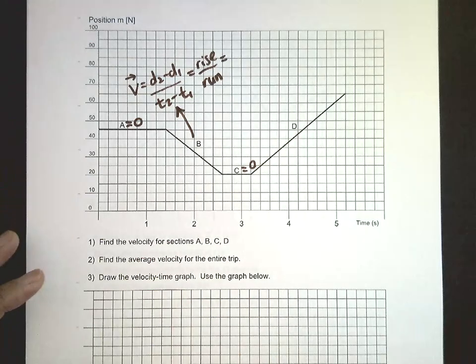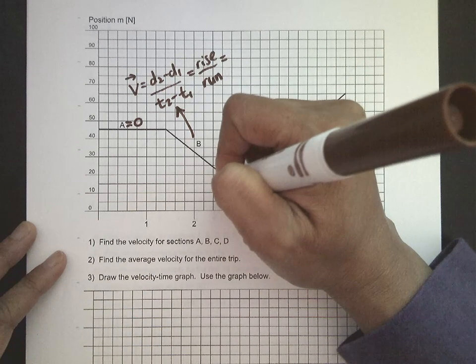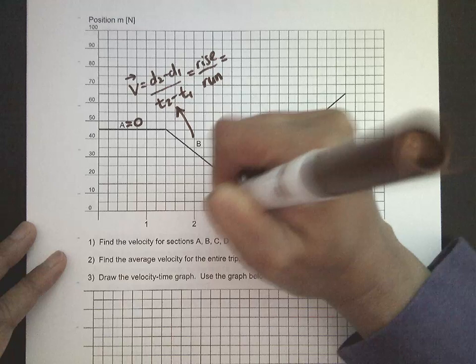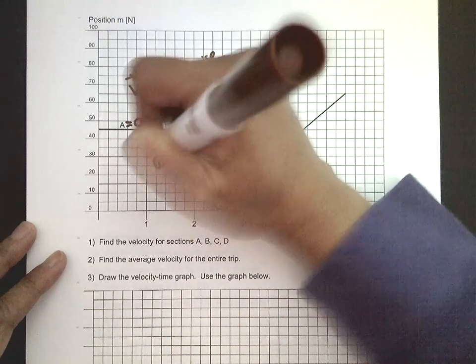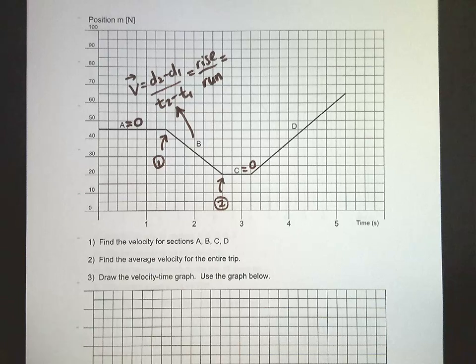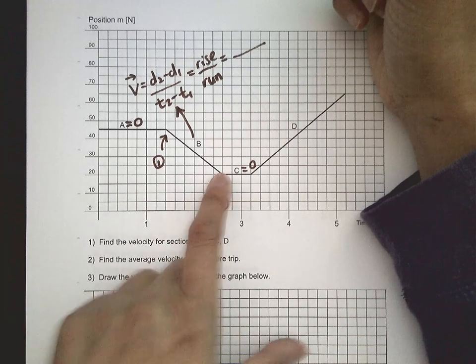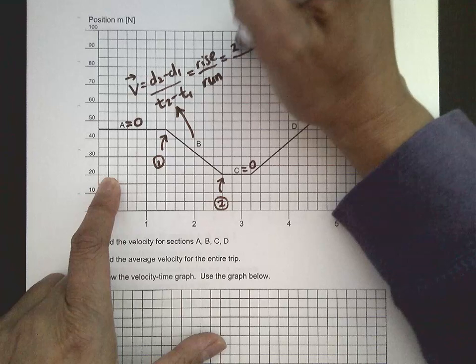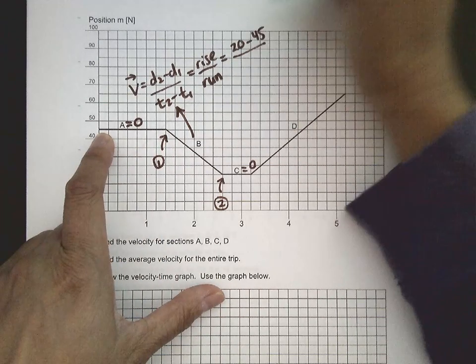Okay, so let's figure out which is d1 and which one is d2. Keep in mind that the point on the right is always the second point, and the point on the left is always the first point. So let's read the second point first. This is going to be 20 minus 45.